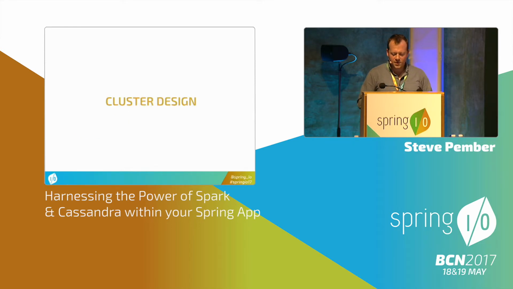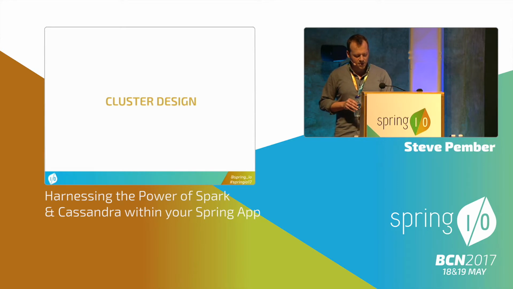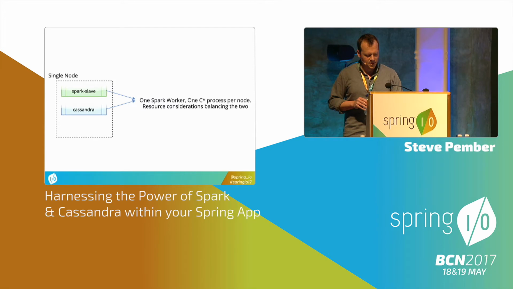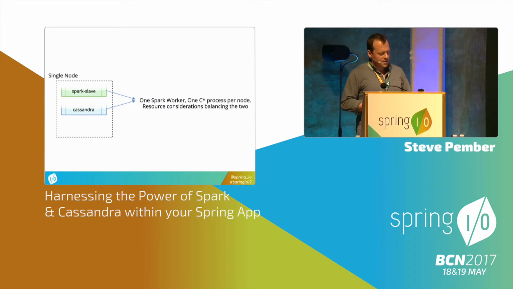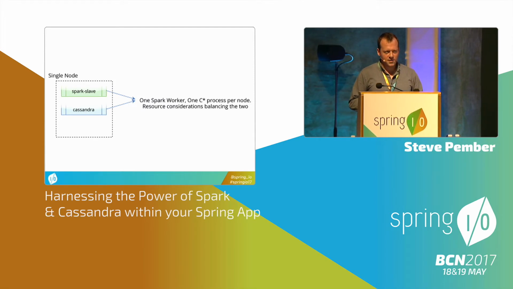So when setting up Spark and Cassandra together, your cluster design is going to change a little bit. This is a single node in a Spark Cassandra cluster. Each node within a Spark Cassandra cluster is going to have one Spark slave process and then one Cassandra process. There's a lot of resource considerations when working with these.